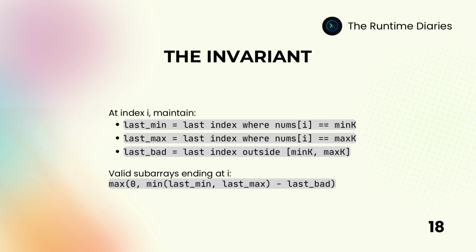The number of valid subarrays ending at position i is max of 0 and min of last_min and last_max minus last_bad. This gives us the correct count in constant time per element. No recomputation, no scanning backwards, just update the pointers and apply the formula.